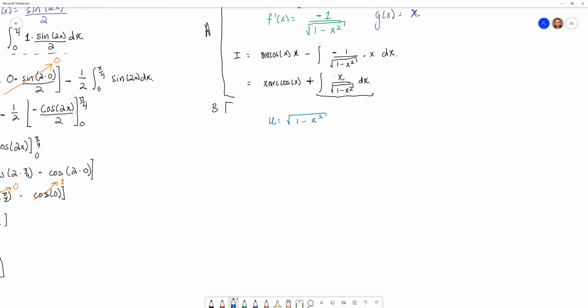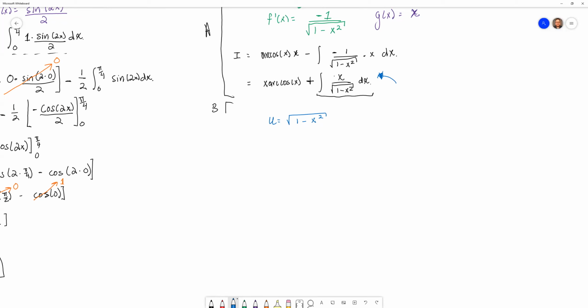And once again, when we're doing substitution, we're trying to look for a function and its derivative, and both of those have to be contained within the integral. So the derivative of this is going to have an x in it, right? And that's the key thing that we're looking for here.